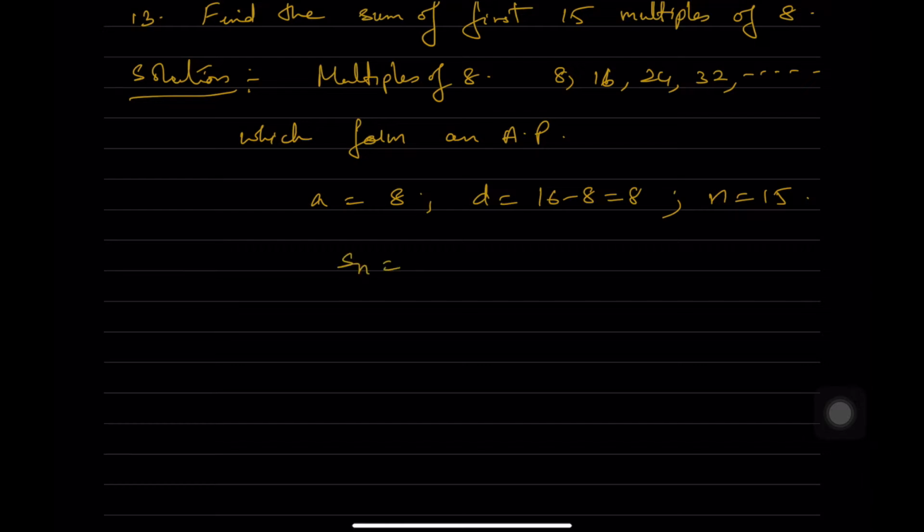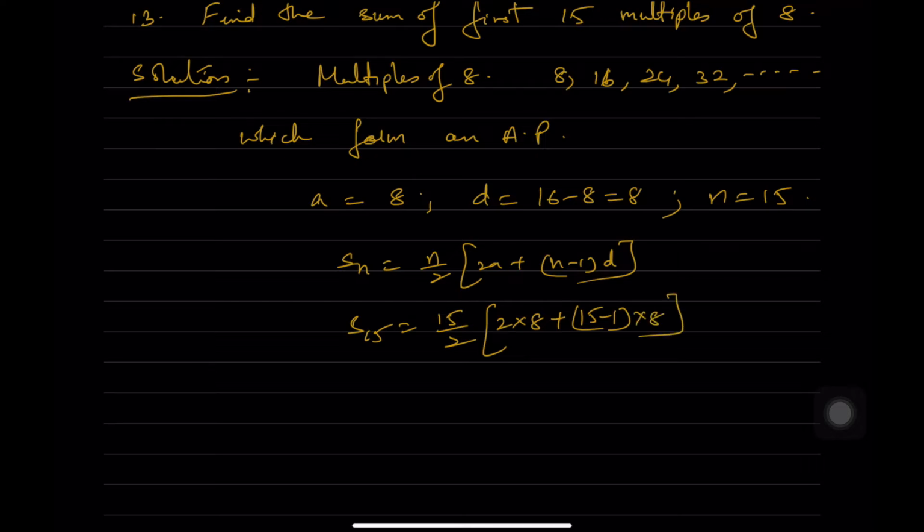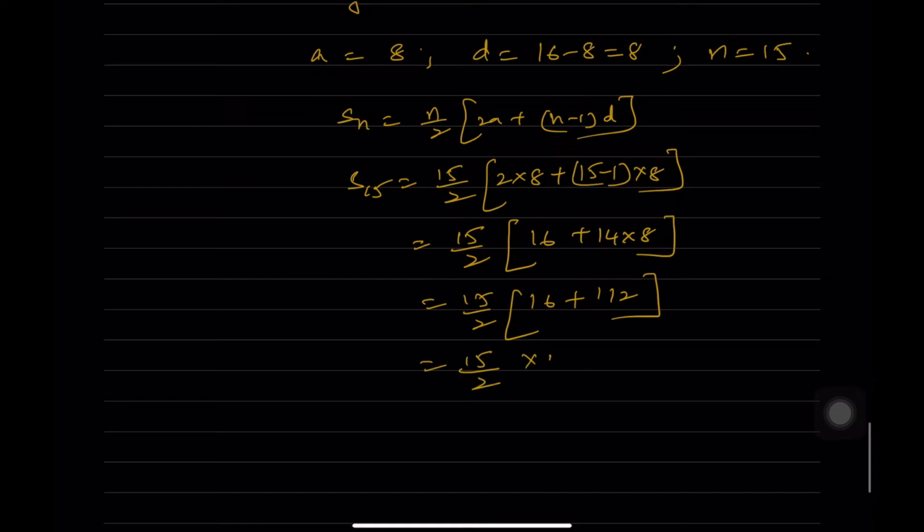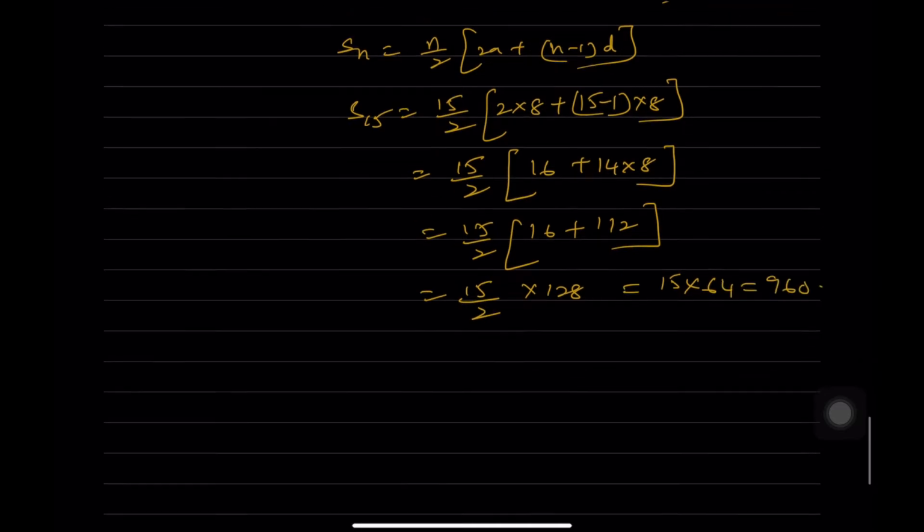So we know that Sn is equal to n by 2 into 2a plus n minus 1 into d. So just plug in all the values. You will get S15 is equal to 15 by 2 into 8 plus 15 minus 1 into 8. So which is equal to 15 by 2 into 16 plus 14 into 8, which is equal to 15 by 2 into 16 plus 112, which is equal to 15 by 2 into 128, which is equal to 15 into 64, which is equal to 960.